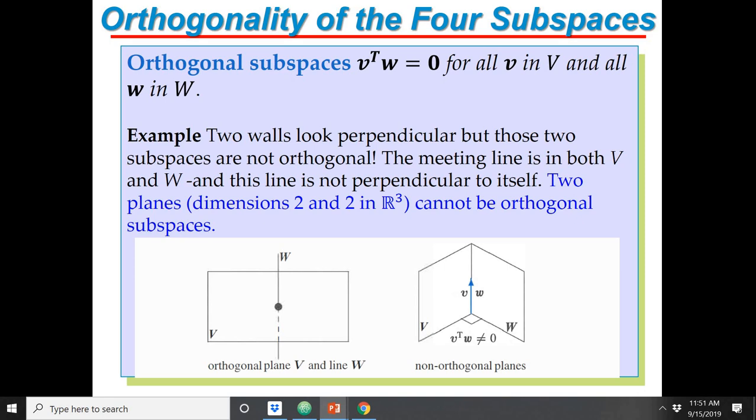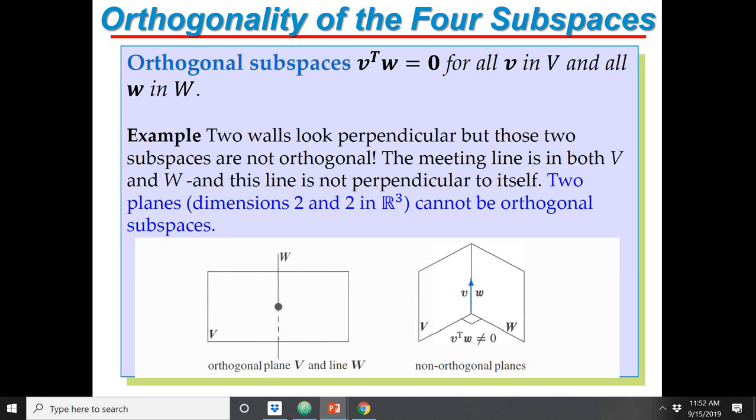You can think of two of the walls in the classroom meeting at 90 degrees to each other. Somebody will say, wait a second, this plane V is obviously a 2-dimensional subspace of R cube, and W is a 2-dimensional subspace of R cube.